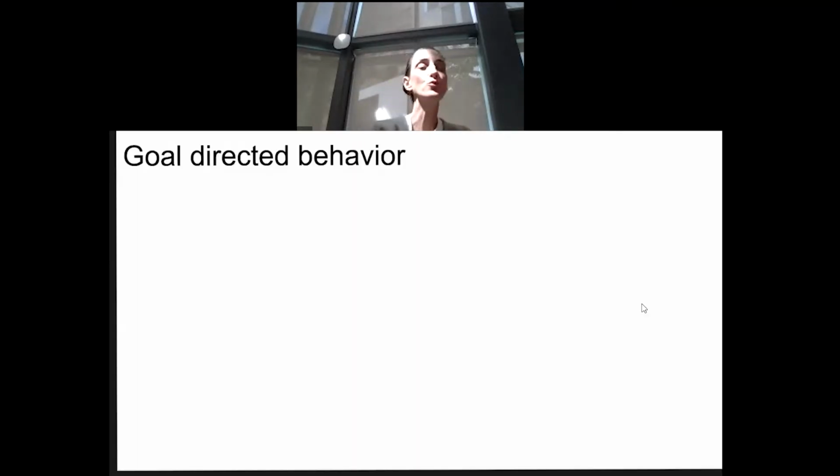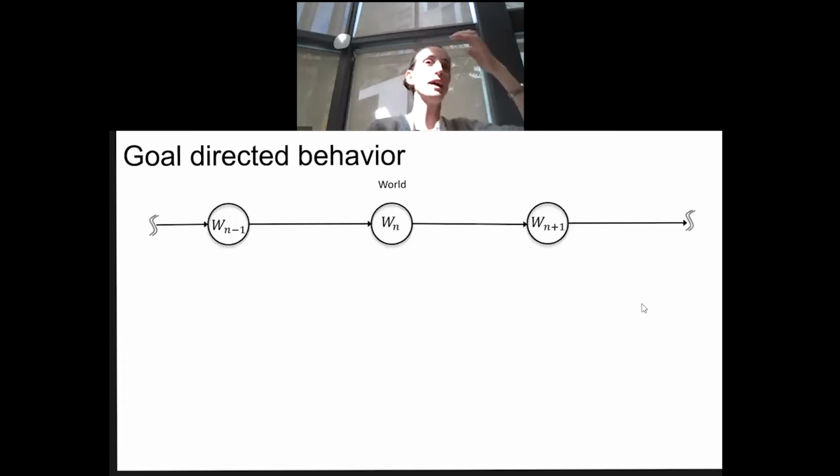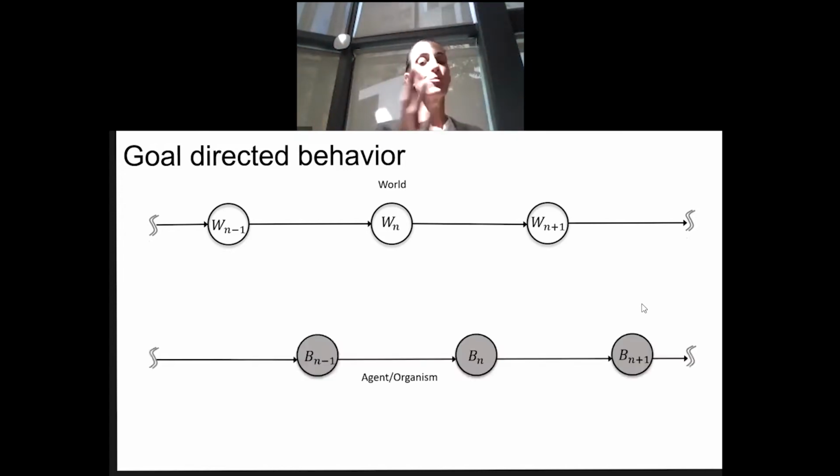Okay, so how do we try to understand what the fish is doing there from the behavioral point of view and from the neural point of view? So the way that we look at it is we say, okay, there's a dynamic to the world, okay? The world is transitioning between time points, and also the brain is transitioning between time points. So there's the internal dynamics of the brain, and there's the external dynamics of the world.